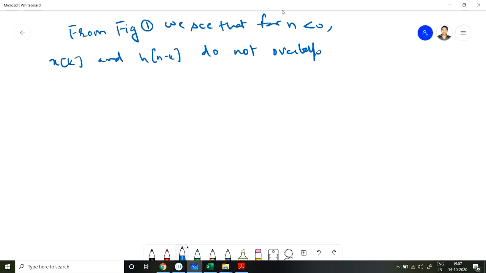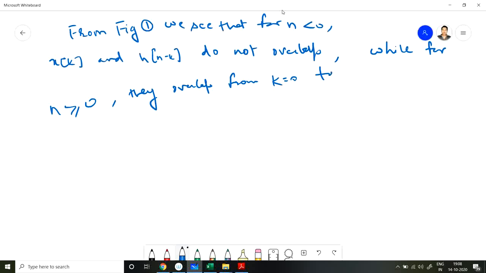So from figure 1 we see that for n less than 0, x[k] and h[n minus k] do not overlap, while for n greater than 0 they overlap from k equals 0 to k equals n.